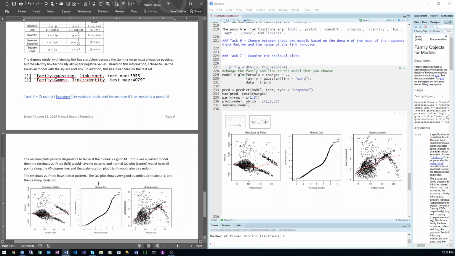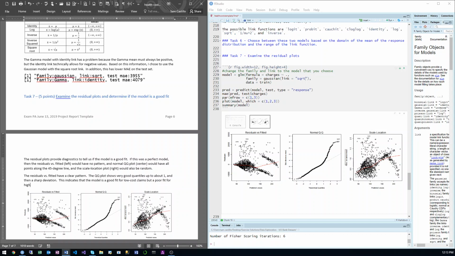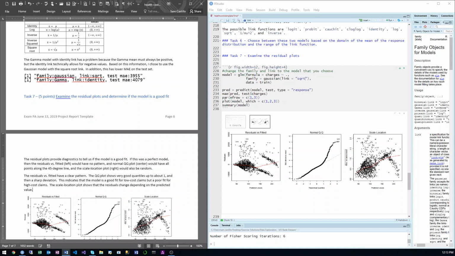See, this indicates that the model is a good fit for low cost claims, but a poor fit for high cost claims. The scale location plot shows that the residuals change depending on the predicted value.